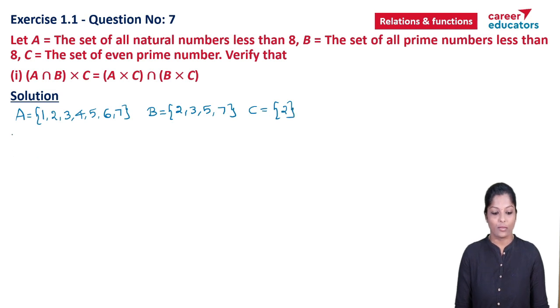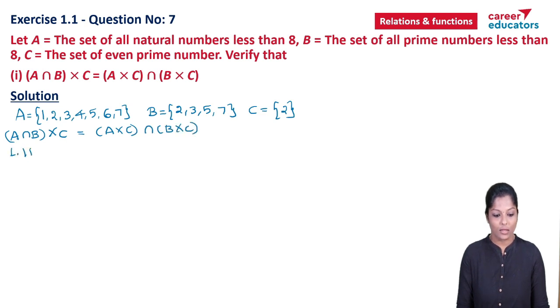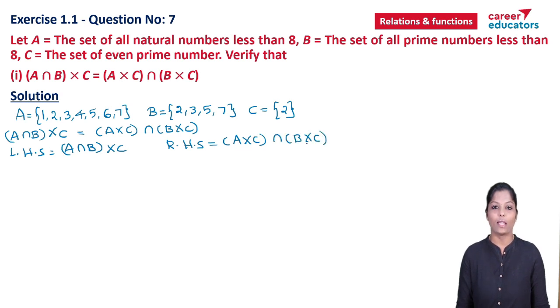Next, we have to check whether A intersection B cross C is equal to A cross C intersection B cross C. Consider LHS equal to A intersection B cross C and RHS equal to A cross C intersection B cross C. To find LHS, we have to find A intersection B. Then we have to do the Cartesian product of A intersection B and C.